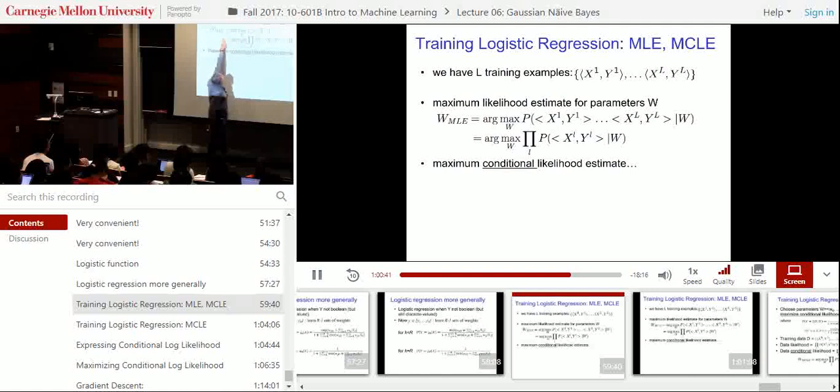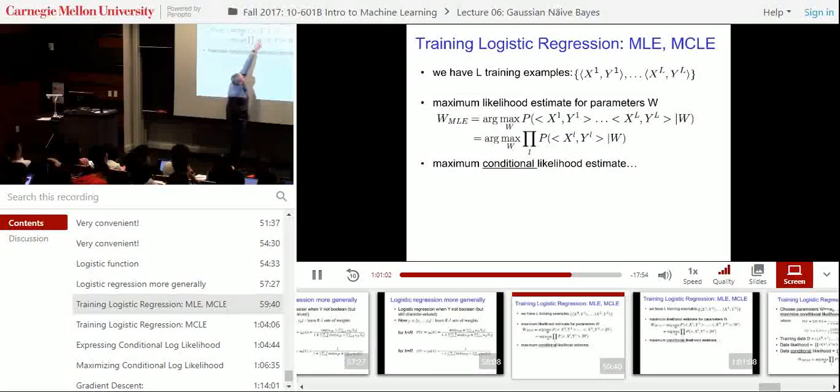The maximum likelihood estimate for that collection of parameters would be the vector of parameters that makes my training examples most probable. Just like our maximum likelihood estimate for theta for the coin was picking the theta that makes the observed coin flips most probable.